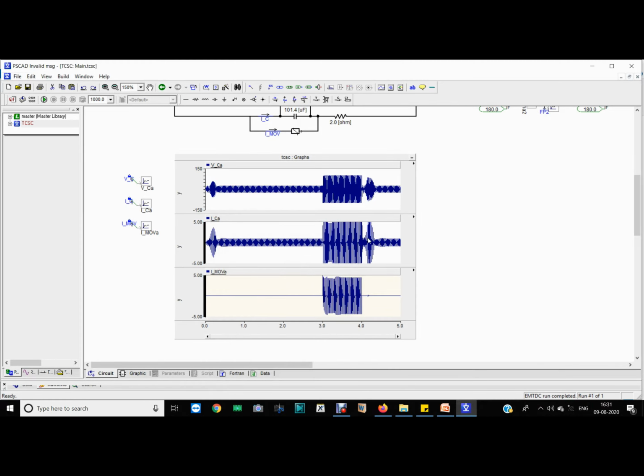Okay, we can see that in normal condition, when there is no fault, not the whole line current, some current flows through the capacitor, some through the inductor as well. So okay, take inductor voltage and current as well.